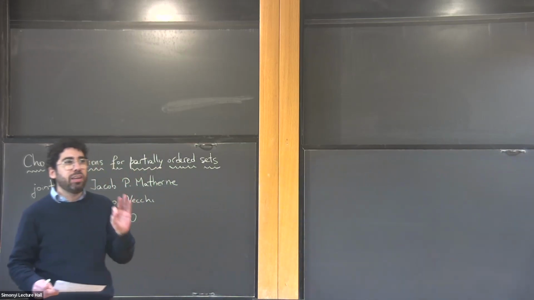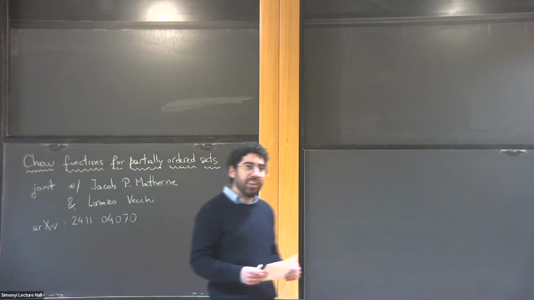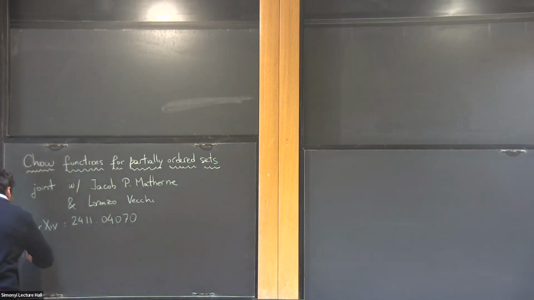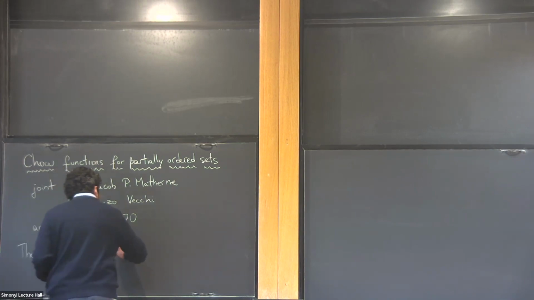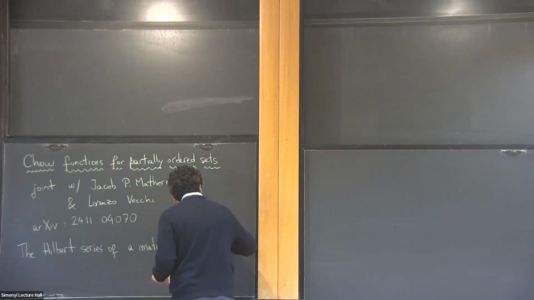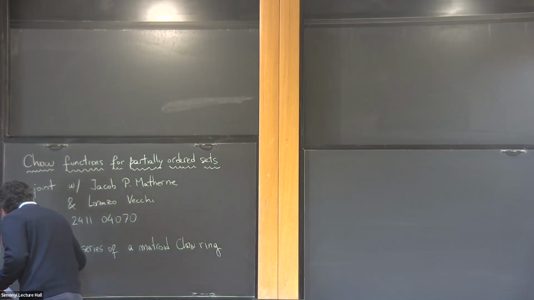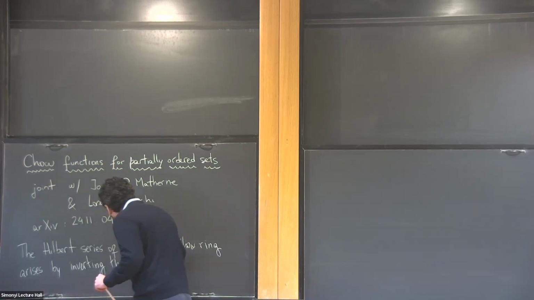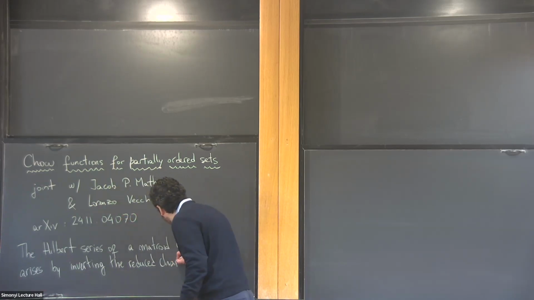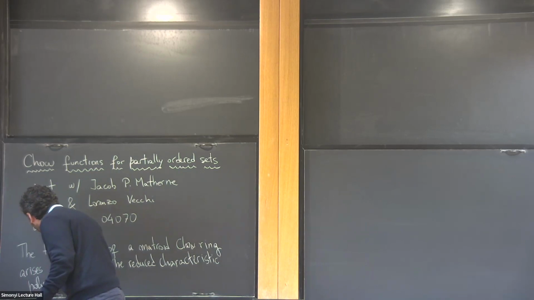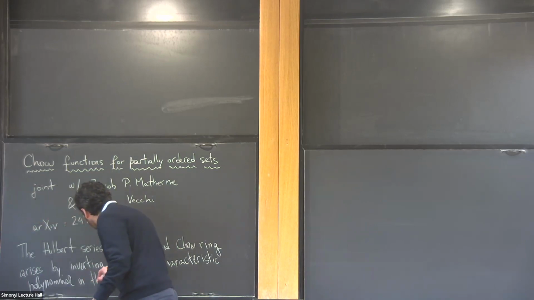And I want to start by mentioning one slightly imprecise but catchy phrase that triggered all this research, which is that the Hilbert series of a matroid Chow ring arises by inverting the reduced characteristic polynomial in the incidence algebra.